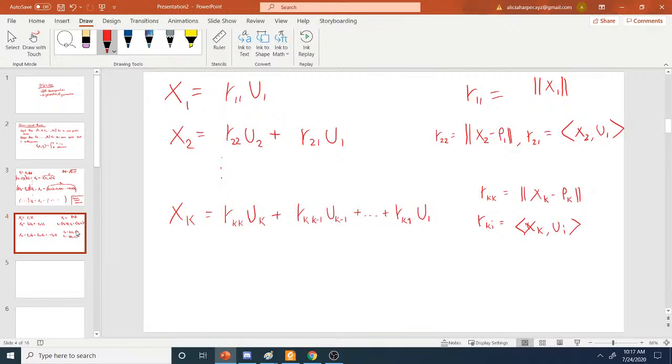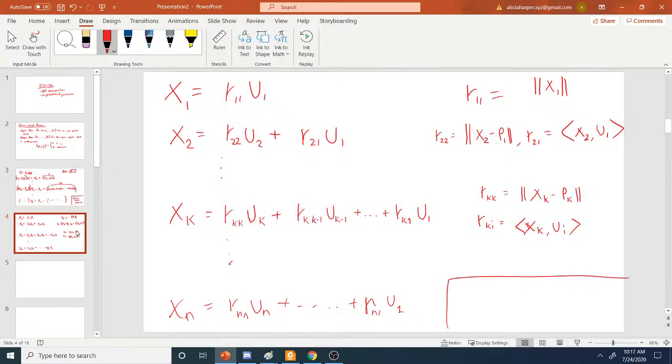So again, we keep doing this, and eventually we get an expression for xn in terms of rnn un plus and so on, down to rn1 u1.